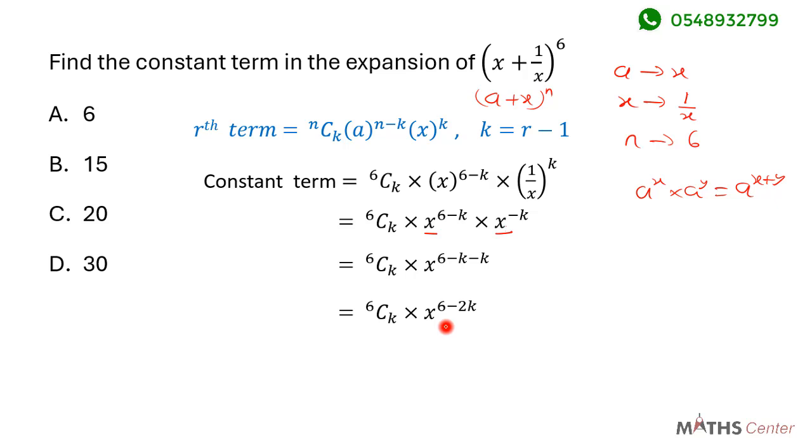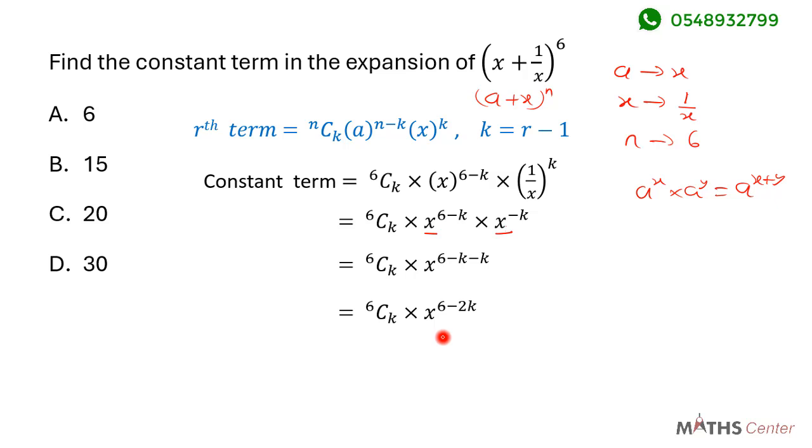As I've already explained, the constant term is the term where the exponent on the variable is 0. In this binomial expression, the variable is x. So the constant term will be the term where the exponent on x is 0. Here, the exponent on x is 6 minus 2k.